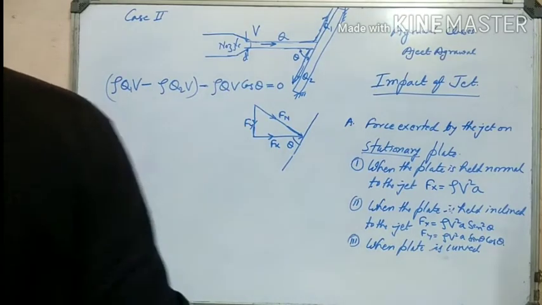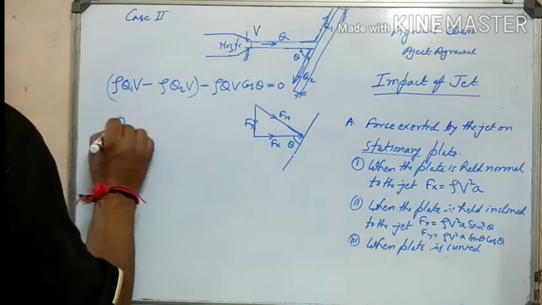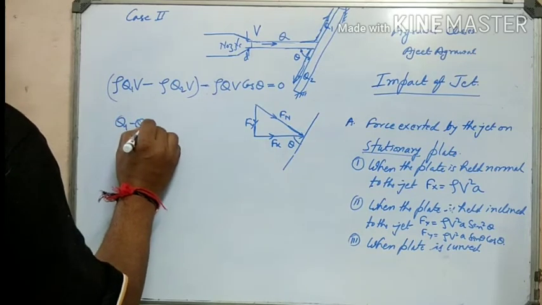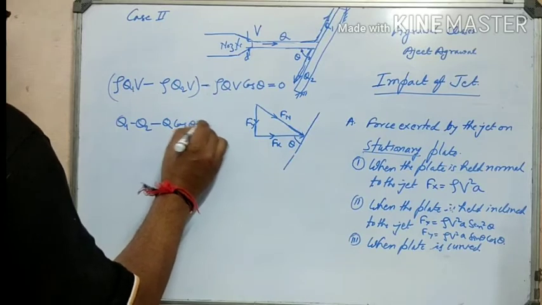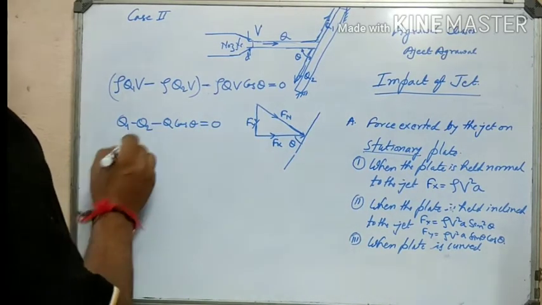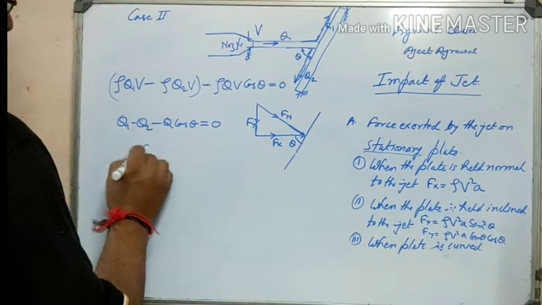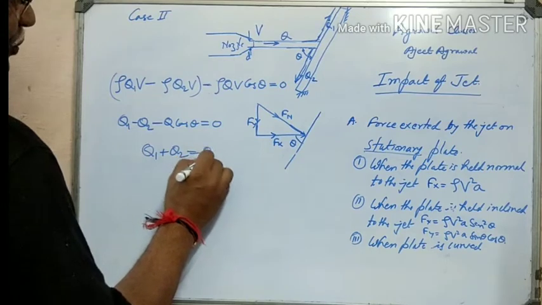So from this equation, I can calculate Q1 minus Q2 minus Q cos theta equals 0. That's equation 1 I get, and from the continuity equation, Q1 plus Q2 equals Q.